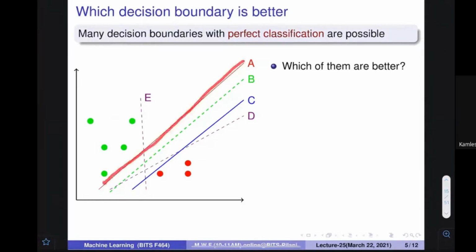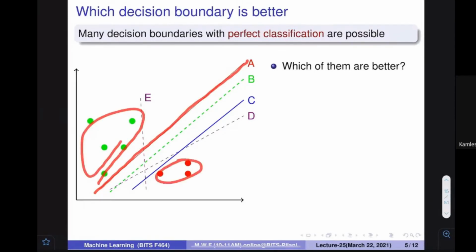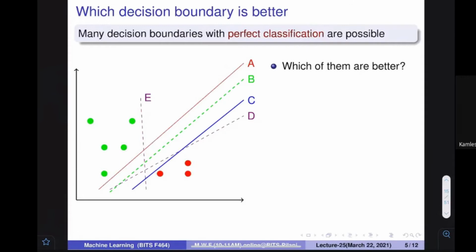If I use this line, is it fine? Yes, it is also fine, because on one side all the positives are there, and on the other side all the negatives. So in this example, I have drawn various lines, A, B, C, D, E. Multiple lines are there. You can see that E is also a line that separates the data into two parts. Make sense?